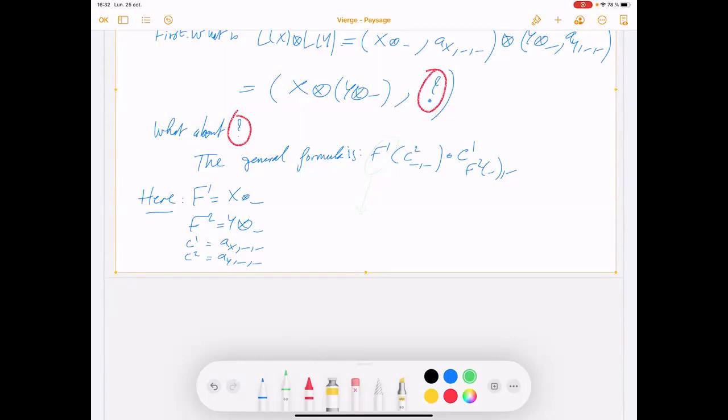So at the level of morphism, it's identity of X tensor something. So this is F1.